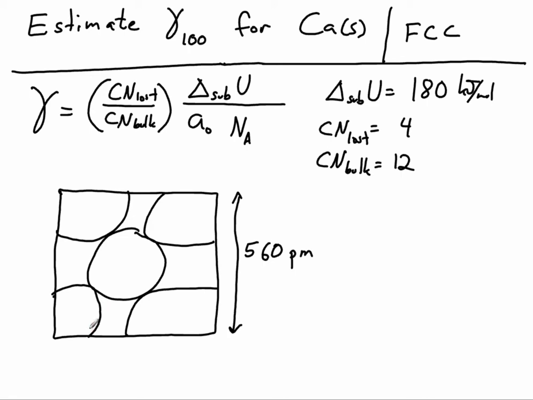So if we look at this, this is the 100 face. But how many atoms are in it? Because A naught, let's call this L. A naught is equal to L squared, the area of the face, divided by the number of atoms in that face.